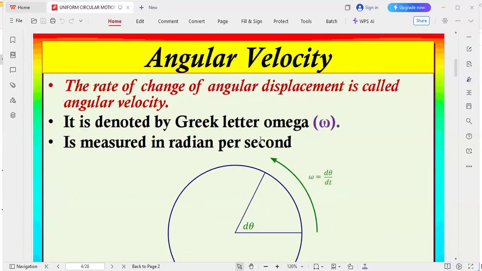Then we talked about angular velocity, which is the rate of change of angular displacement, theta over time.